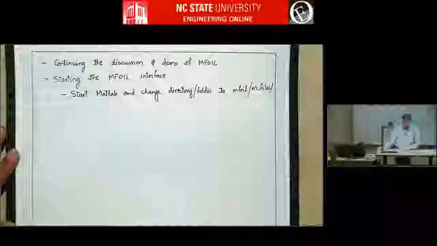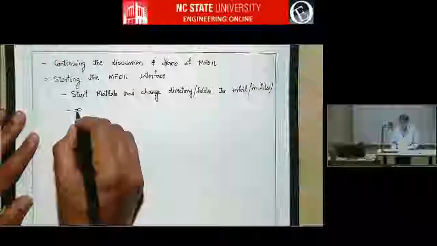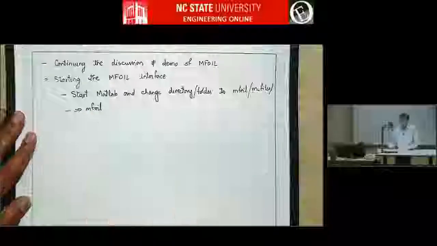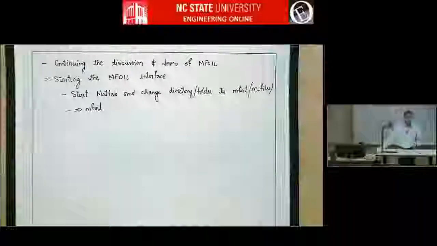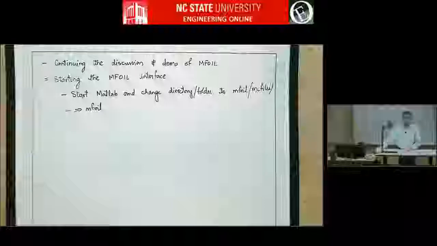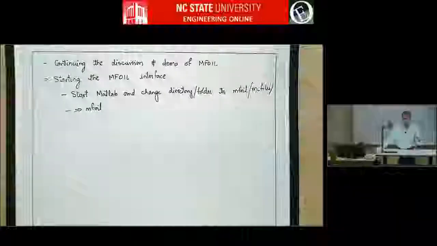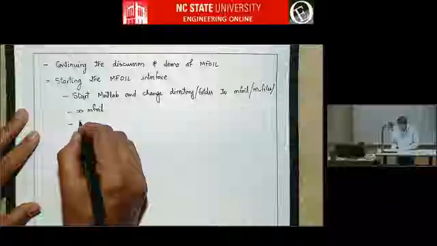Once you're there, in the MATLAB prompt, you'll have this double caret kind of thing. If you type mfoil, it'll open up an airfoil selection window. It'll say select the airfoil, right? Then you select the airfoil.